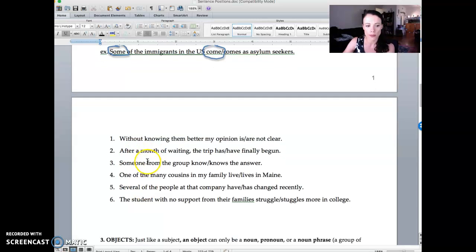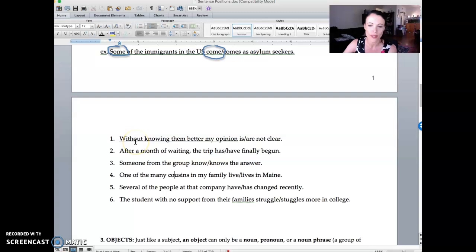Number one, what is my complete subject? It's everything before the verb. So I'm going to underline that whole thing. It's hard for me to circle on the computer, so I'm going to use the color blue instead, okay? So without knowing them better, my opinion, where is my simple subject? This has a lot of extra stuff, so we have to really look.